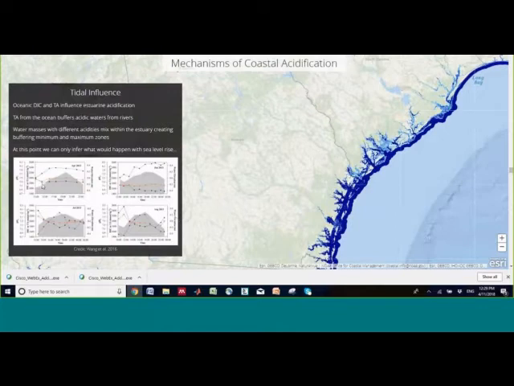So just from a seasonal perspective, the red and orange lines are the DIC and the alkalinity, and the blue line is the pH. So when the tide is low, you can see that pH is actually decreased with respect to when it's high, and that's because we have lower pH waters entering in from the freshwater portion, and the tide comes in and it increases the pH because ocean pH is higher than freshwater pH.